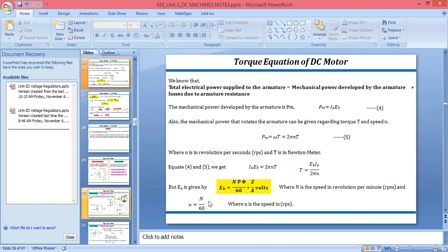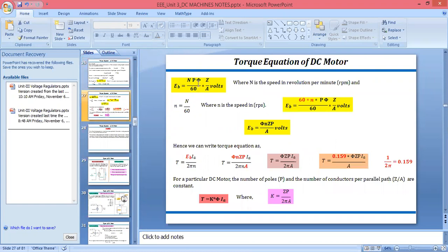If you are getting confused at that point, neglect these things. Directly, the back EMF equation we got was N P phi upon 60 into Z. So we can put this in the torque equation. If you are taking the value in rotations per minute, you can multiply by 60 again.